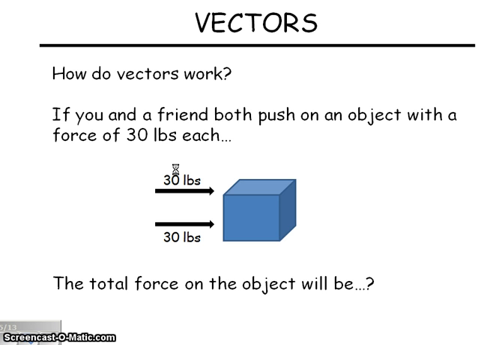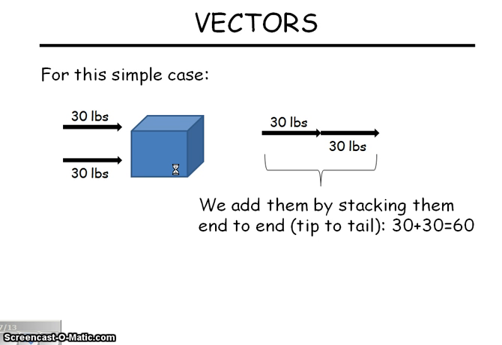Now, what's the point of vectors? How do they work? So two people are pushing on this little block we see here with 30 pounds each. The total force acting on the object will be 60 pounds. If you said 60 pounds, give yourself a star. Okay, so that's pretty obvious. That's pretty straightforward. In fact, what would we do to show that with those arrows?